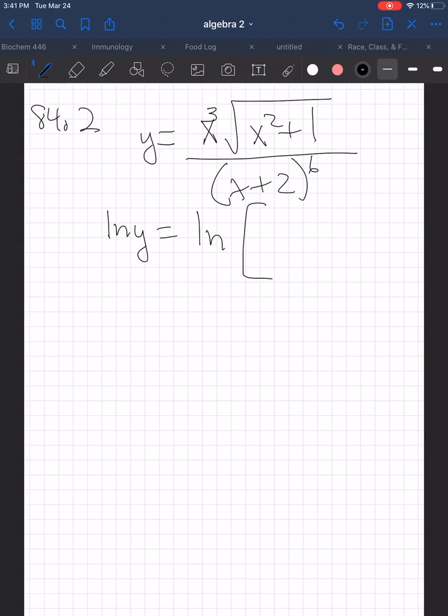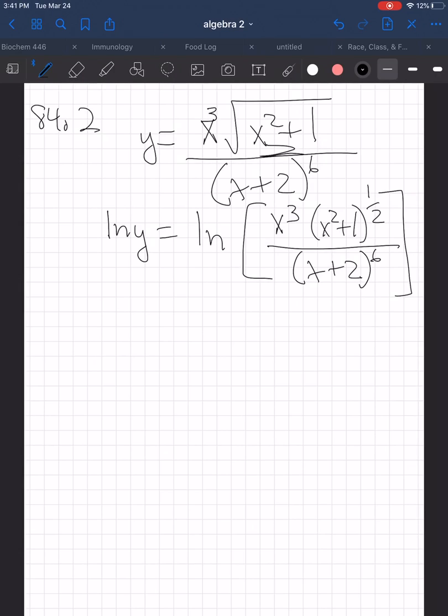And while I'm doing this, I'm thinking of what I'm going to do next. Matter of fact, instead of writing that as square root of x squared plus 1, I'm going to write it as (x squared plus 1) to the 1/2, because that's the form I'm going to need it in to work with the rules of logarithms. Okay, so here we go.